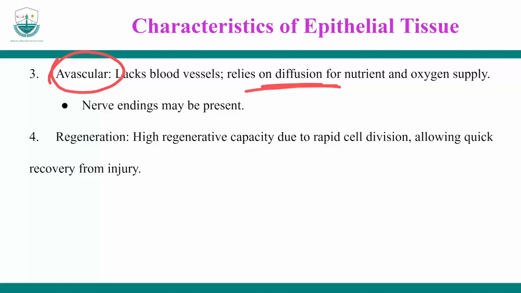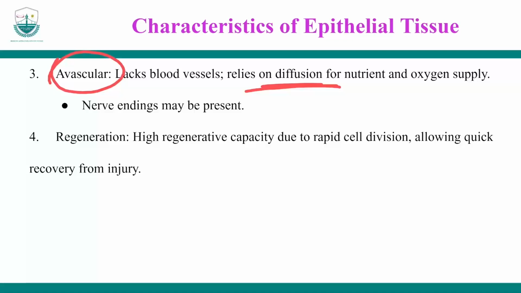And then another point is that epithelial tissues have nerve endings. Nerve endings may be present. And then epithelial tissues undergo what we call regeneration. The meaning of this is that when the cells get old, they die off, and then they are replaced by new cells.